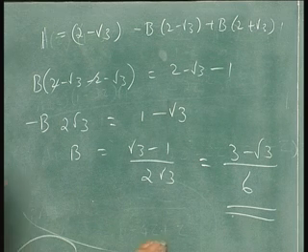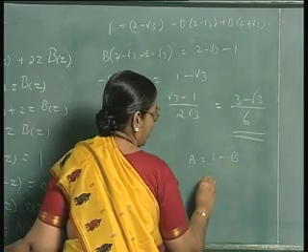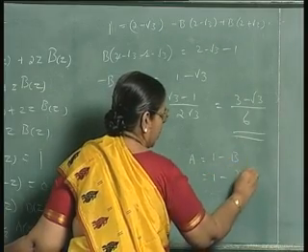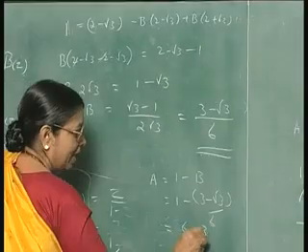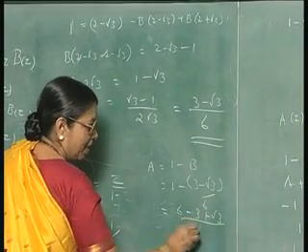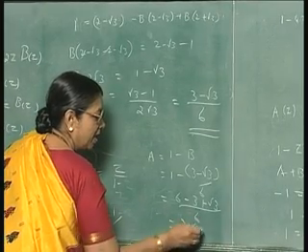The value of a is 1 minus b, that is given by 1 minus (3 minus root 3) by 6, is given by (6 minus 3 plus root 3) by 6, is (3 plus root 3) by 6.